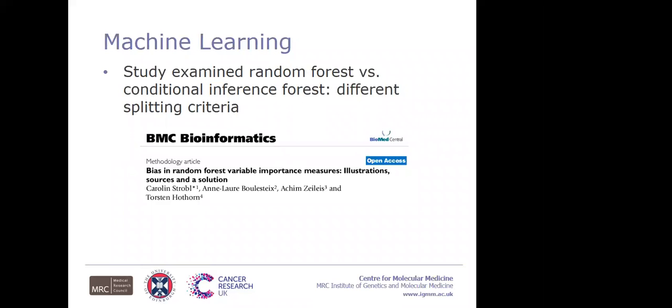So the difference between these two types of random forest is that the random forest splitting criteria is based on the Gini index impurity, which I mentioned before, whereas the conditional inference forest is based on a chi-square or a t-test, and you can actually adjust for multiple testing because every time you do a split, you're going to test all the SNPs that you've selected for that split, and you're going to test all of the different cut points that you might have. So for a genotype, you'd have 2 cut points, right?